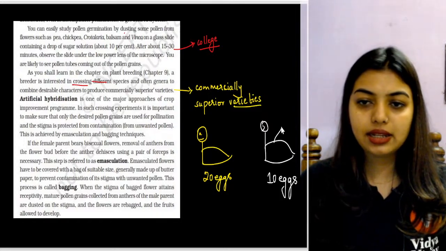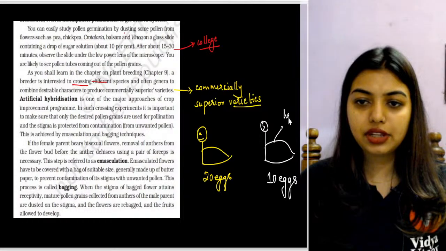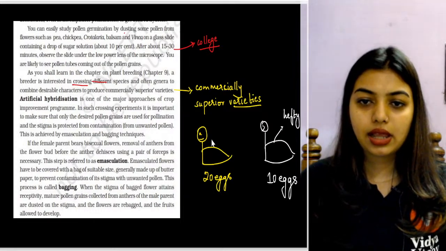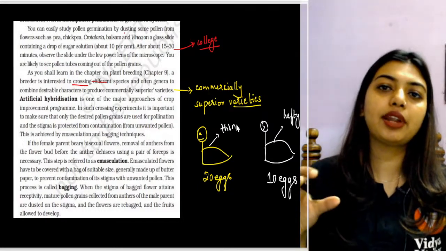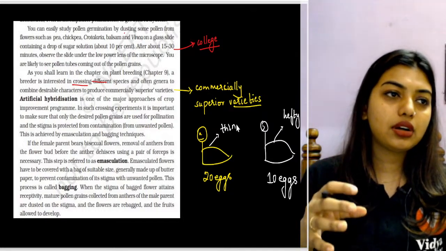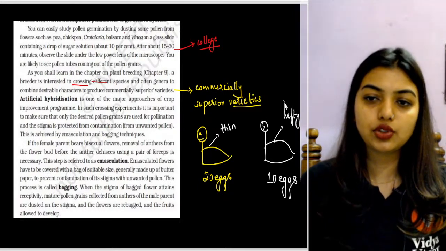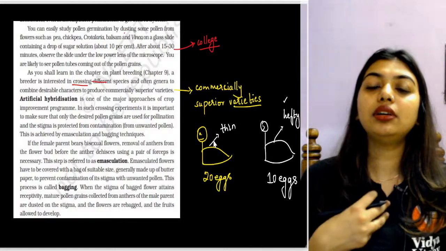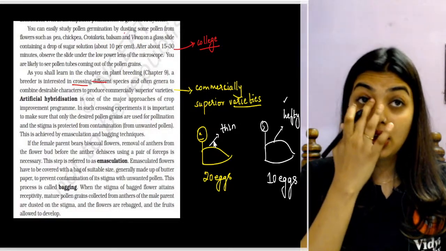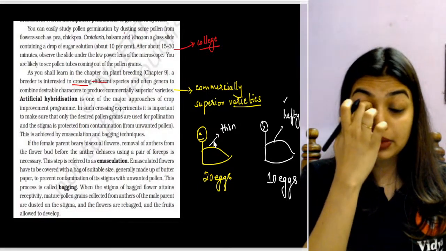But this hen is good, hefty, and this hen is thin. What I'm trying to say is, if a fried chicken company is looking for a hen, obviously they will choose this. But I am a farmer and I want to make something best out of it.